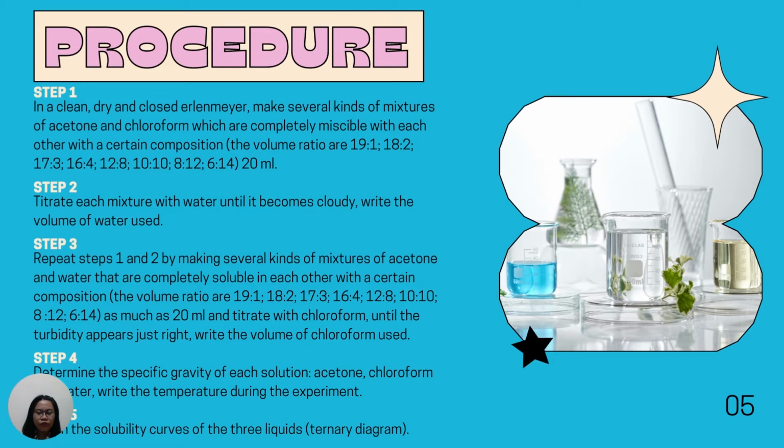Write the volume of chloroform used. And then determine the specific gravity of the solutions of acetone, chloroform, and water. Write the temperature during the experiment. The last, graph the solubility curve of the three liquids, or ternary diagram.